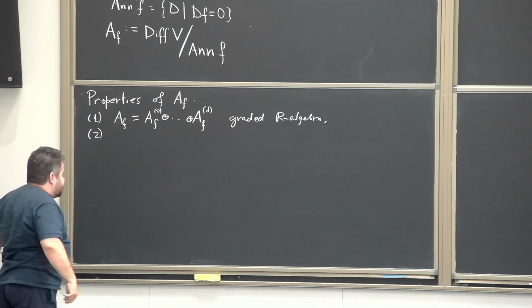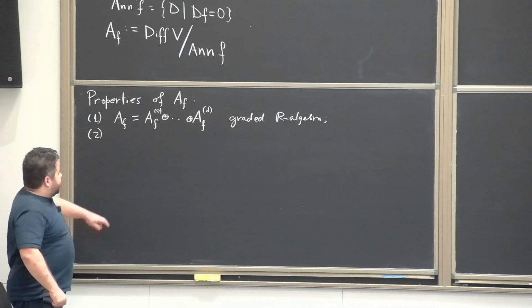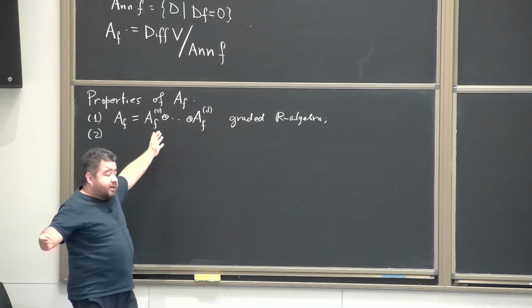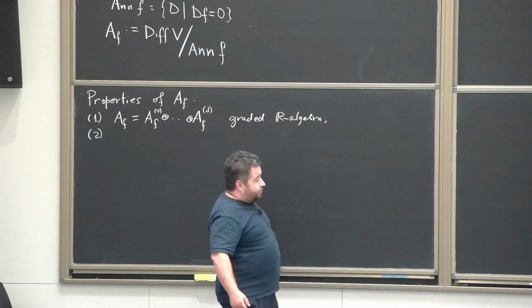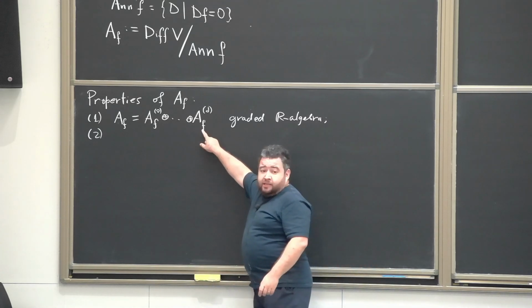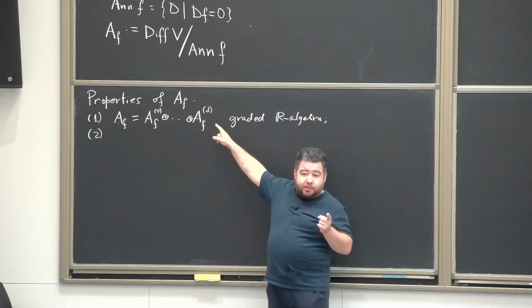Second property is that the lowest degree, the zero component, is obviously one-dimensional. These are constants from our differential operators ring. And the top component is obviously one-dimensional as well.